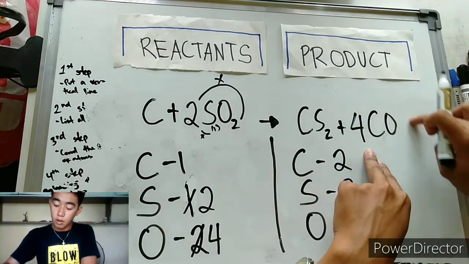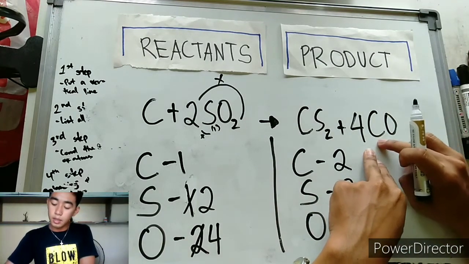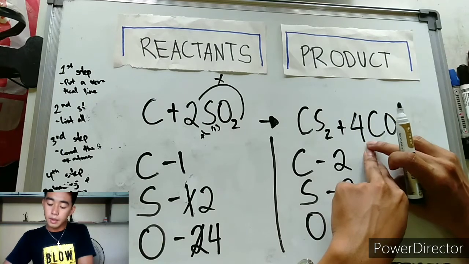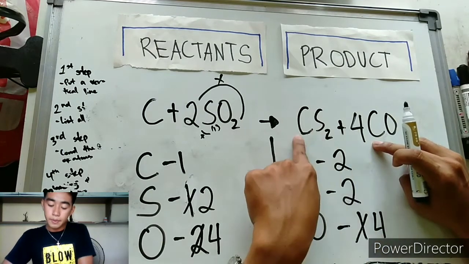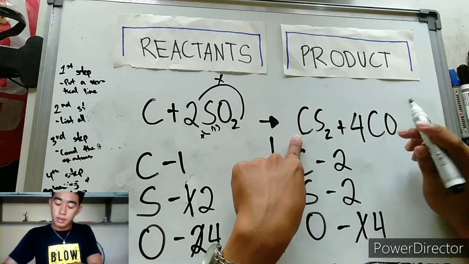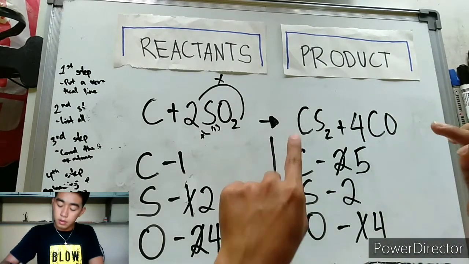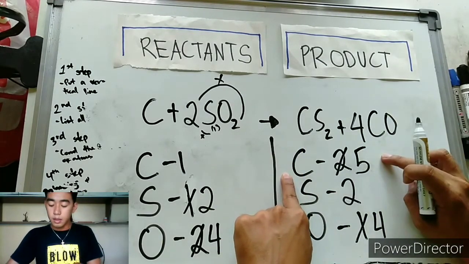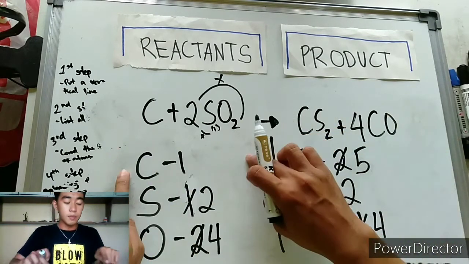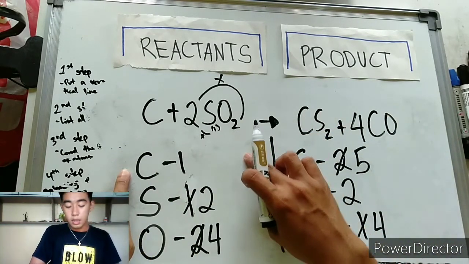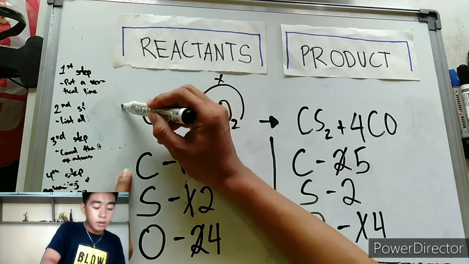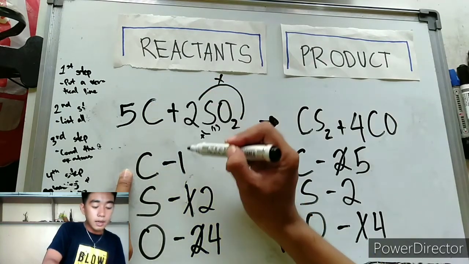But since this is also a compound, yung carbon natin ay maapektuhan din. So we have 4 carbons plus 1 carbon is equal to 5 carbons. Since 5 carbons yung number of atoms natin dito, dapat 5 carbons din yung dito sa kabila. So maglalagay tayo ng coefficient na 5 dito sa harap.